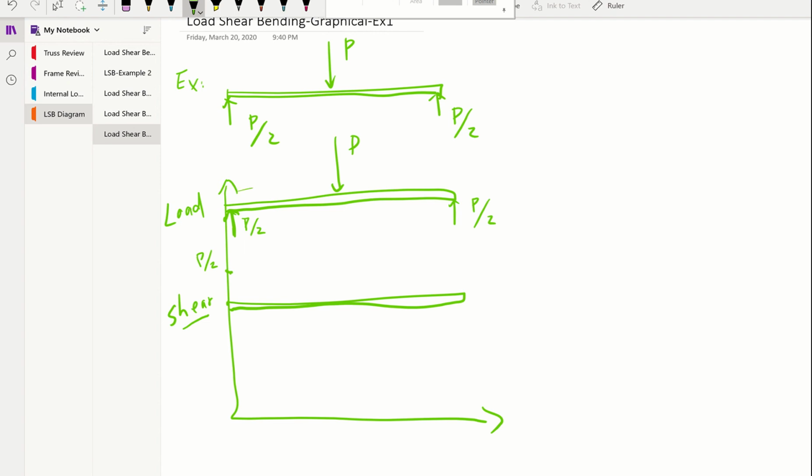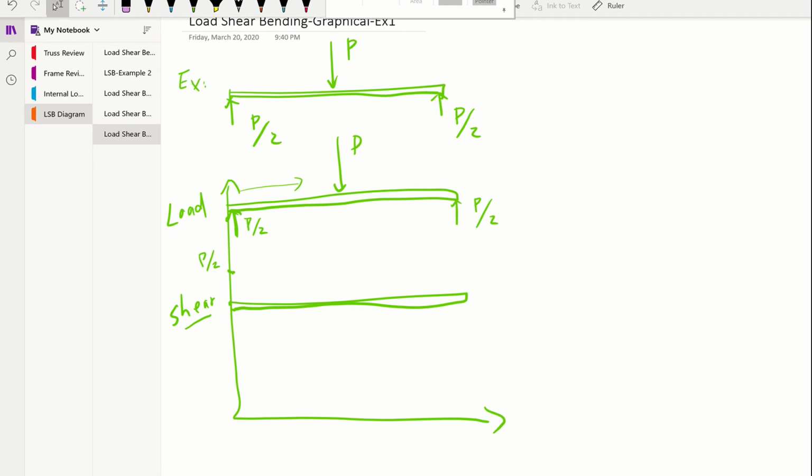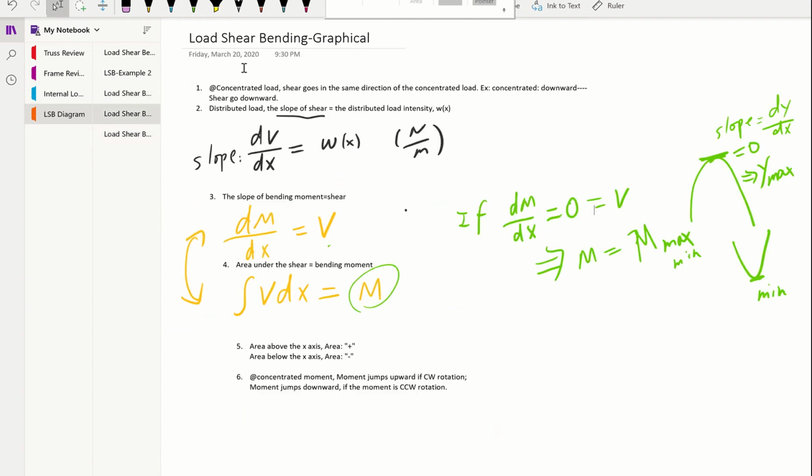Then let's continue. So that's the first point. And if you move along this direction, you realize there's no other force or moment in between. So this shear is going to stay constant as a horizontal line at P/2 until you meet the second concentrated load, P. When you have a concentrated load, rule number 1, the shear goes the same direction as the concentrated load.